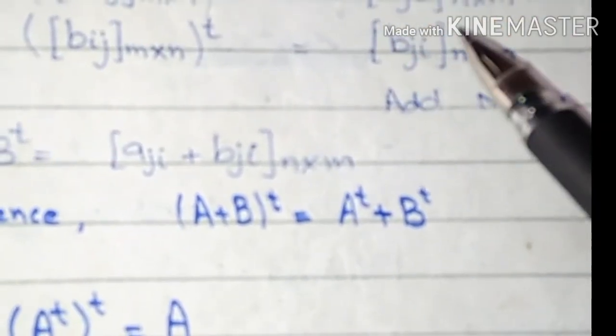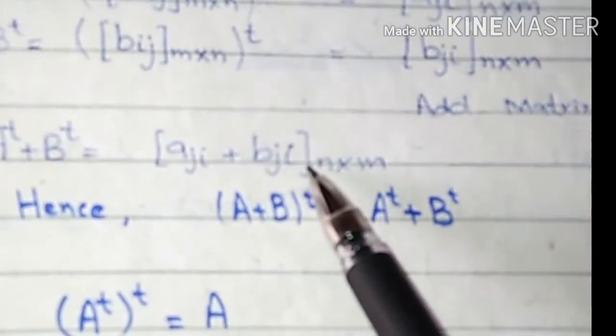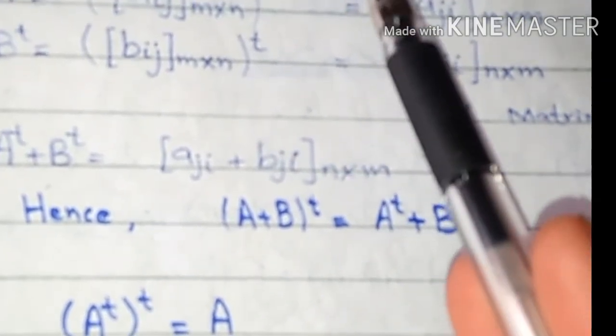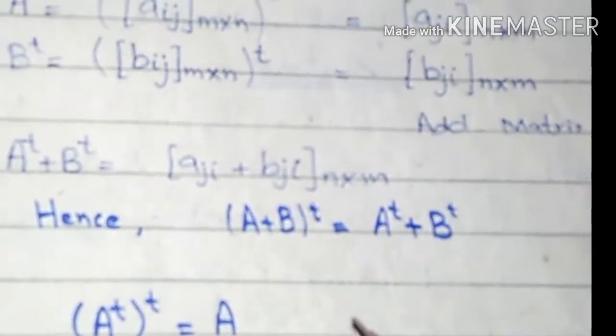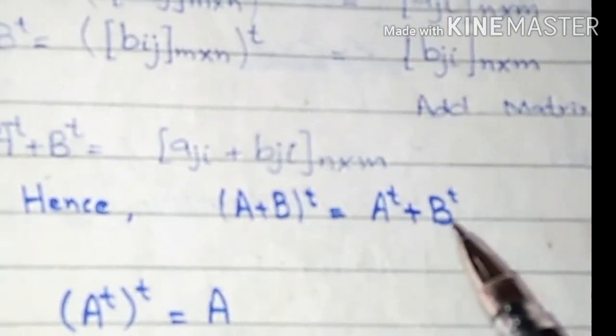Then they are the same after adding. So a_ji plus b_ji, n cross m, is the right hand side and the left hand side is also the same. So we can say that (A plus B) transpose is equal to A transpose plus B transpose.